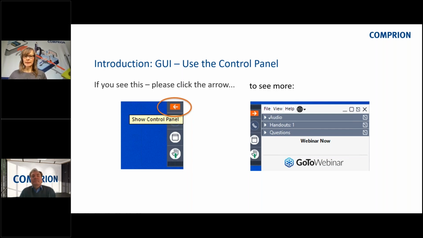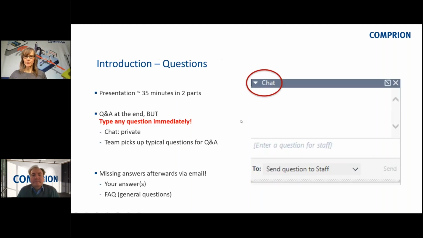In the drop-down menu, one of the options is the chat. In the chat, you can enter a question or a comment and send this to staff. That means we will get the question from you. It's not public. You can mark it confidential so that we just answer you one-on-one via email after the webinar.